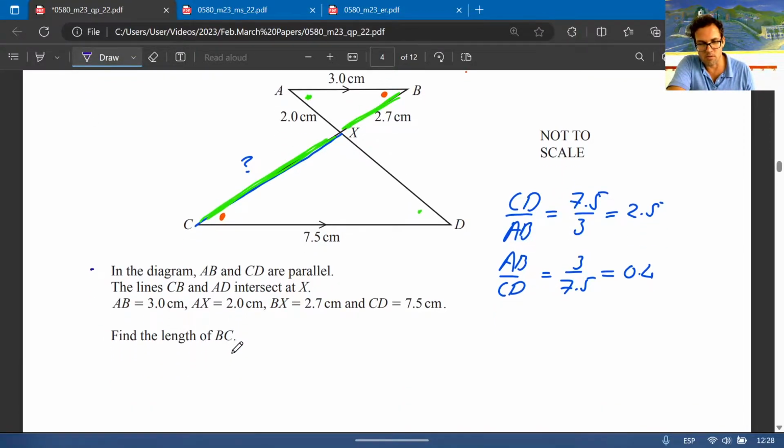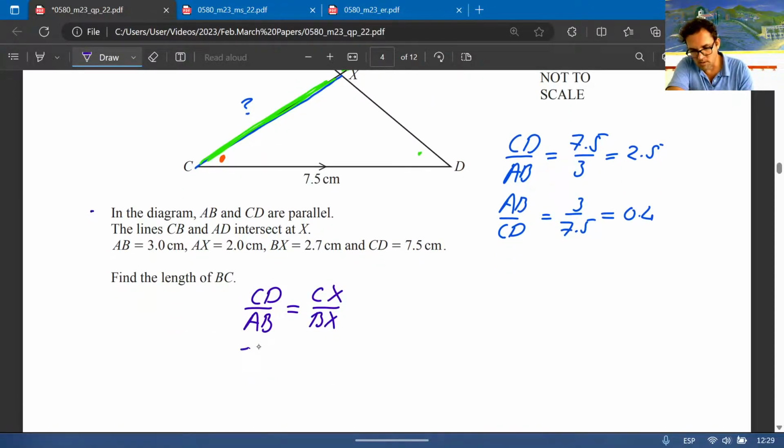Or if you want to write things the correct mathematical way, we know the bigger one, CD over AB, will equal CX over BX.